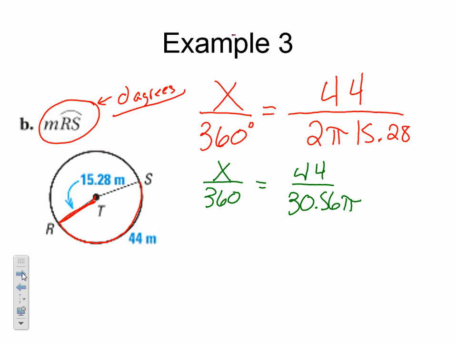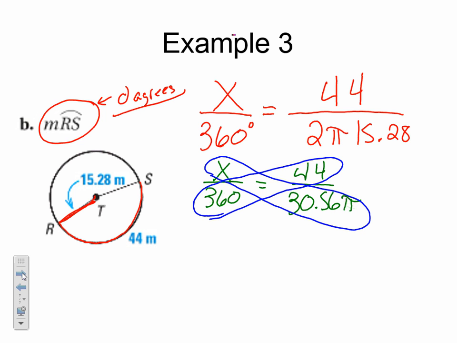Now I'm going to do my cross multiplying. So I'm going to multiply here and multiply here. So I get 30.56 pi x, which equals, if I take 360 times 44, 15,840.